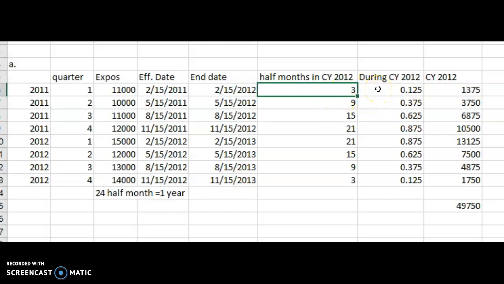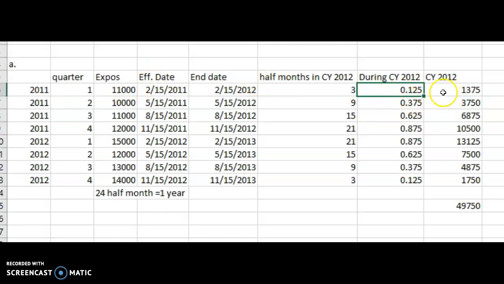So how do we get the proportion of each policy? We use the 3 units, which is 3 half months, and divide it by 24. So now we get the proportion of the policy in 2012.